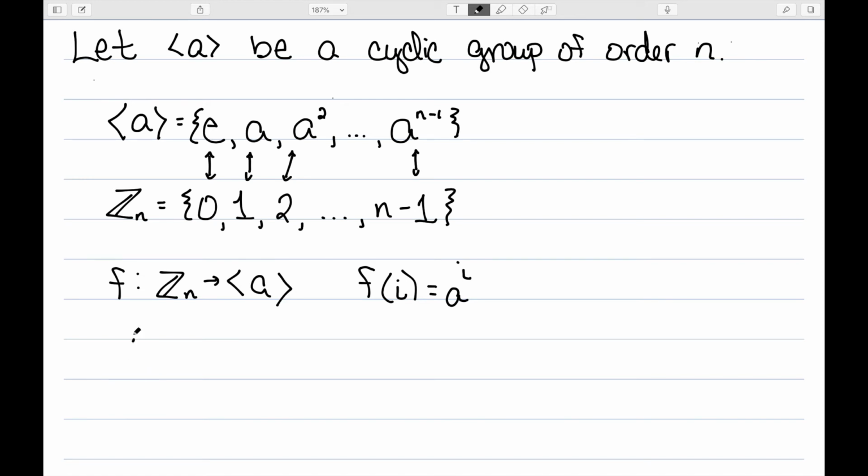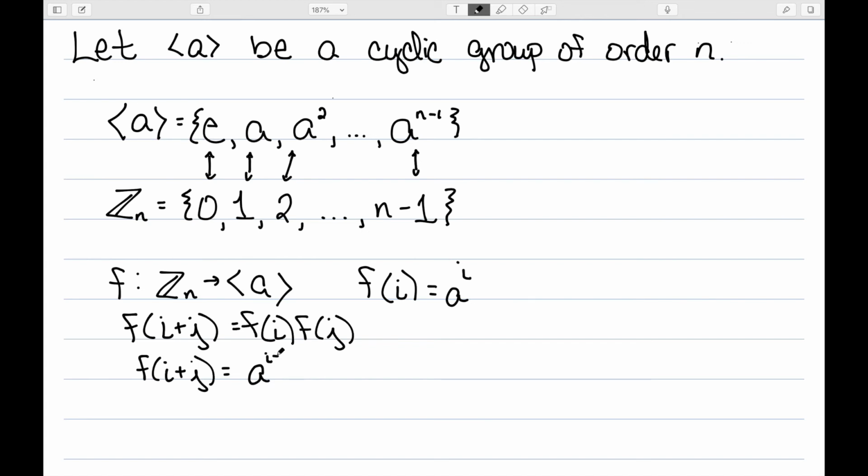So what we really need to show is that f of i plus j is equal to f of i times f of j. Well, f of i plus j would mean a to the i plus j power. Properties of exponents gives me that this is a to the i times a to the j.